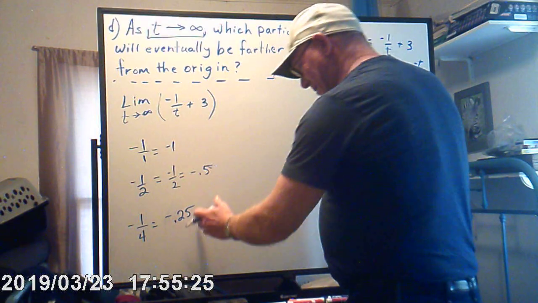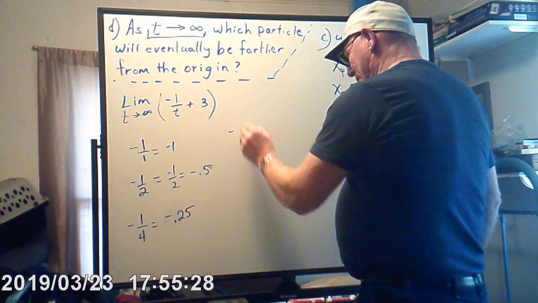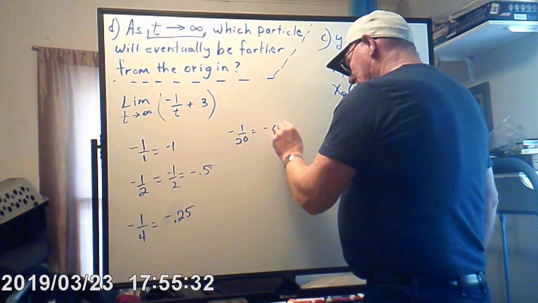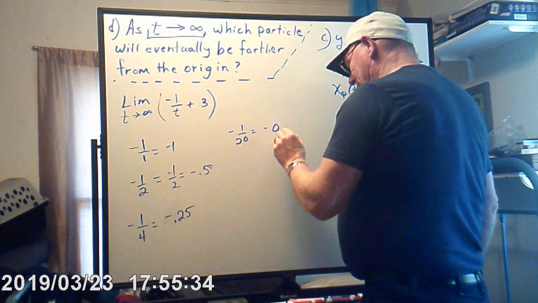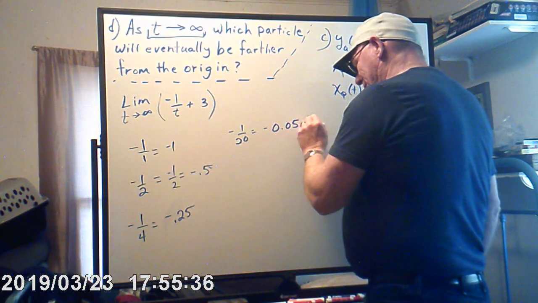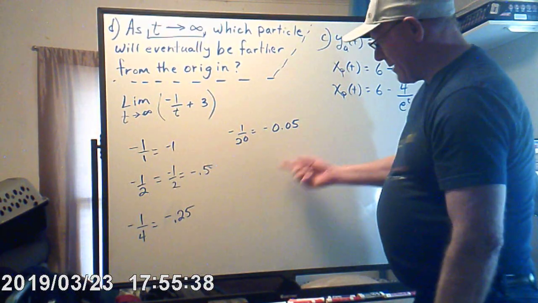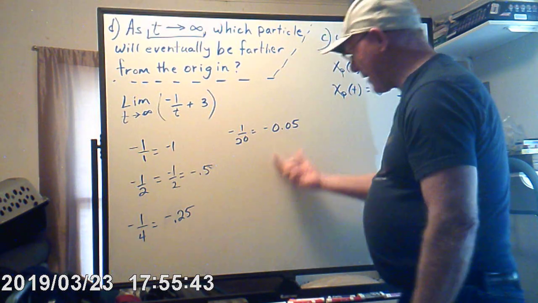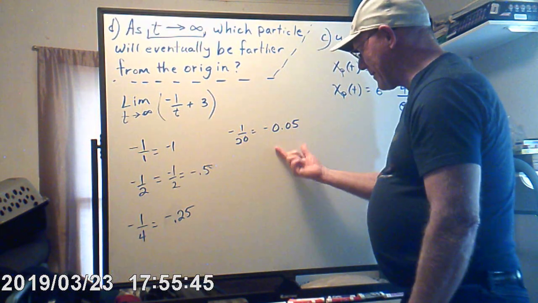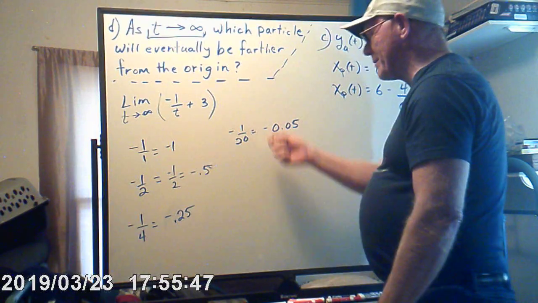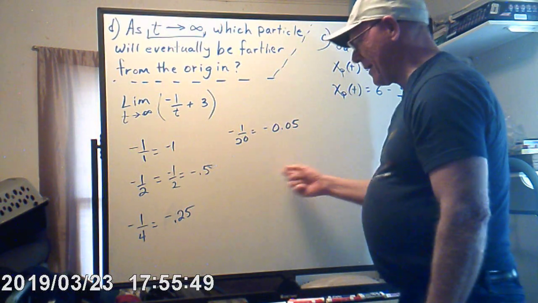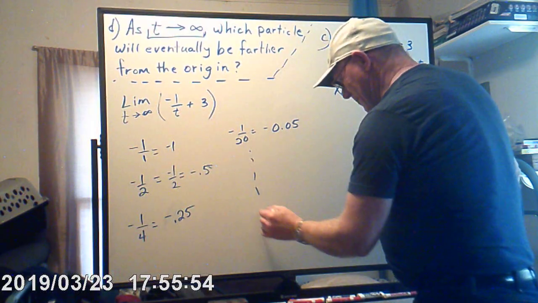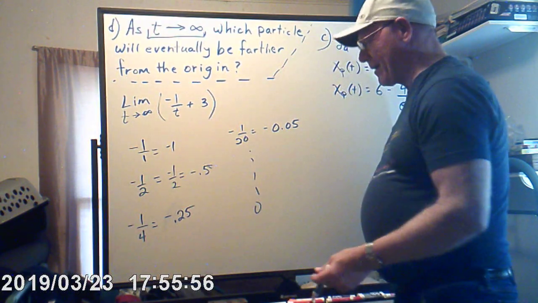So this is going to get smaller and smaller and smaller. Think about this one. Negative 1 over 20 is negative 0.05, right? I believe that's right. That's even smaller than this, isn't it? So as you keep going, you just keep adding more and more of it. This is getting closer and closer to what number as we keep going, right? Yeah, as we keep going, this eventually becomes 0, right, or close to it.